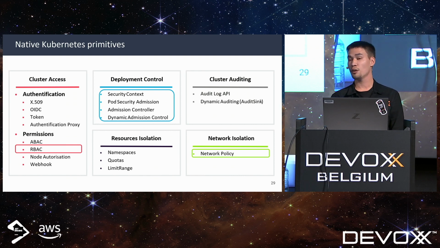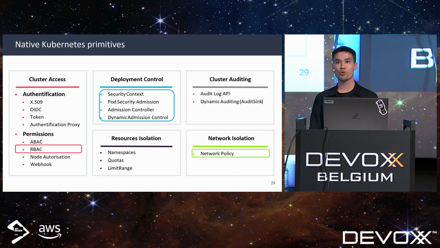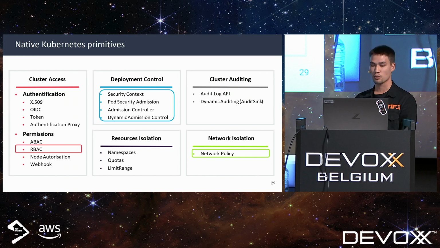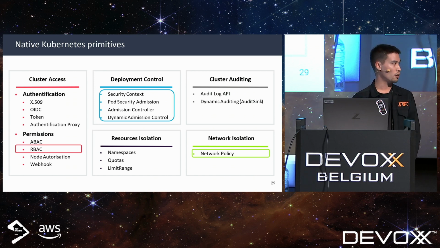The second thing is that we are going to demo and present the security context and the pod security admission, to highlight and control even more what kind of workload operates under which context in Kubernetes. And finally, we will work on network policies to demo how we can isolate the network.